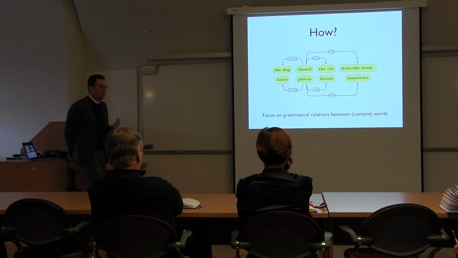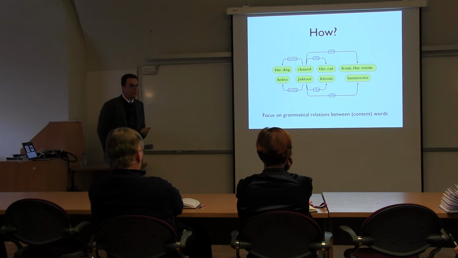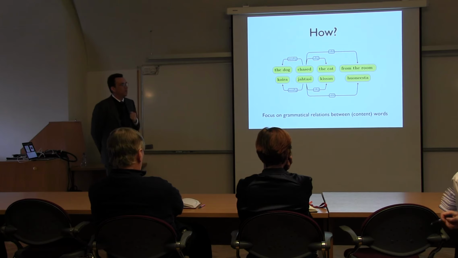And words can be very morphologically rich in some languages and much less morphologically rich in other languages, but we can identify words across languages. And in particular, what we usually refer to as content words.